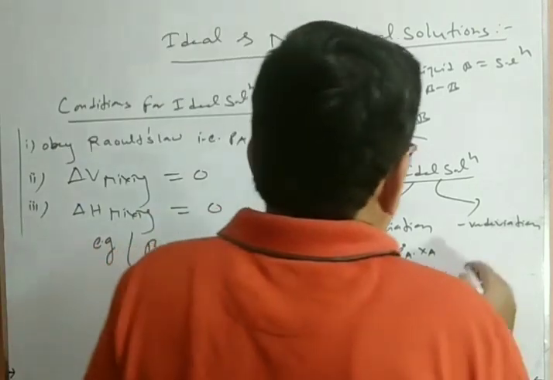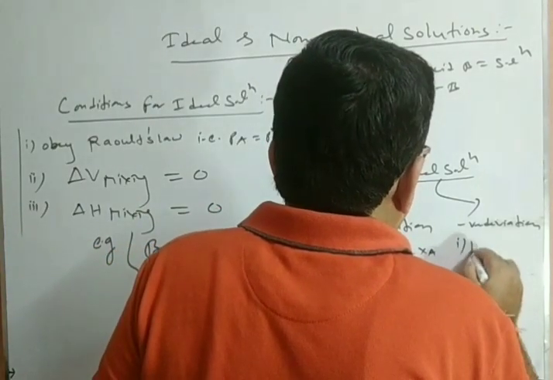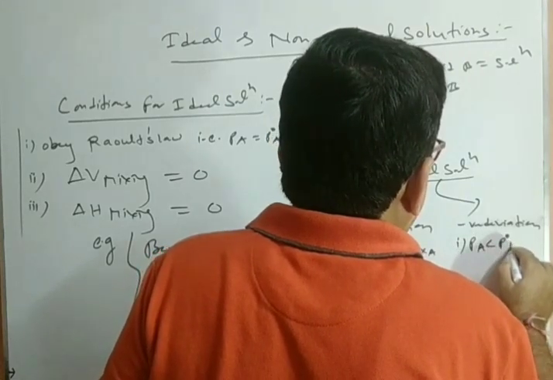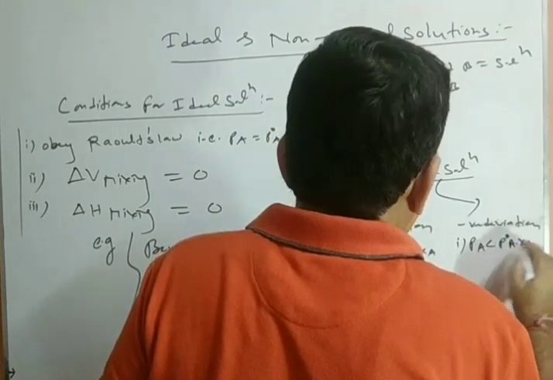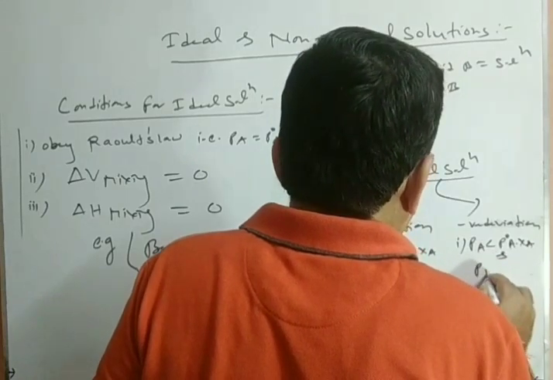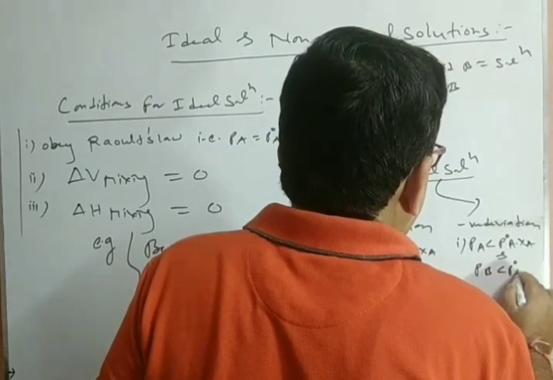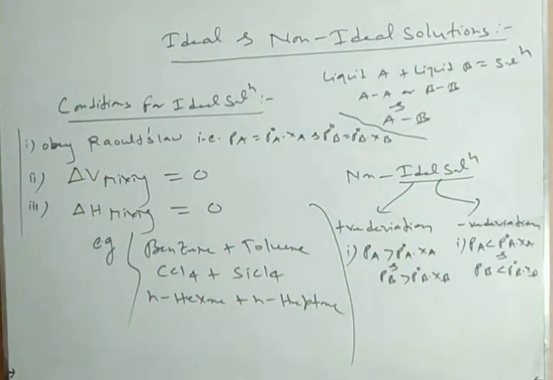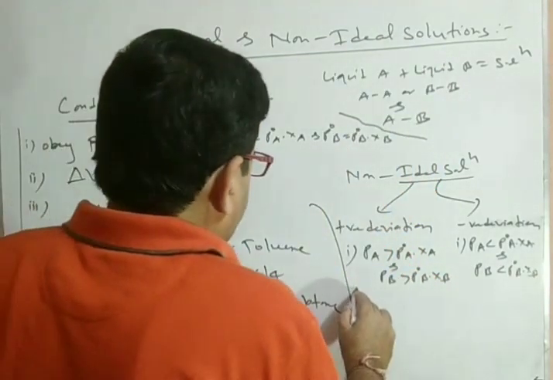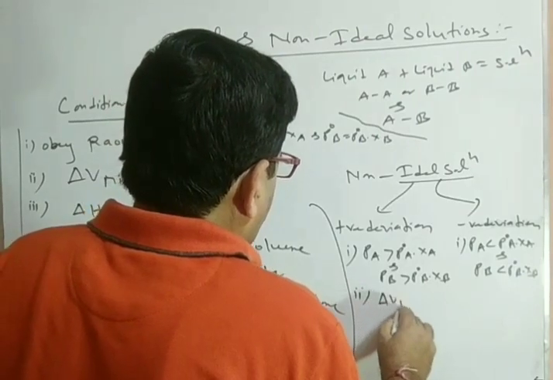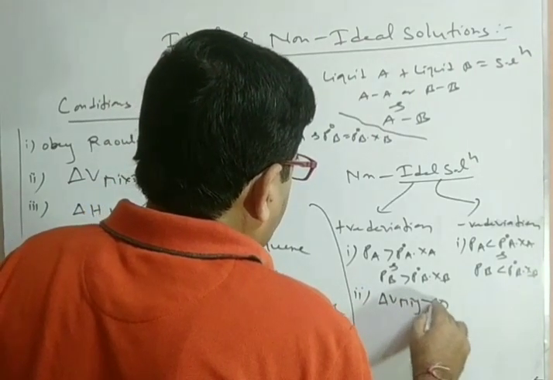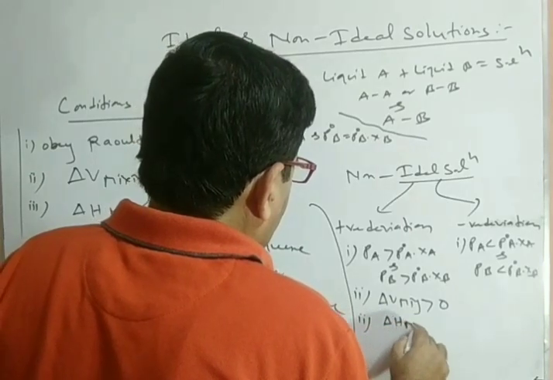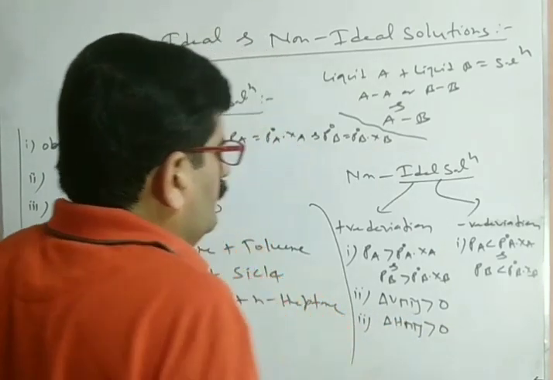And negative deviation, PA less than P naught A into XA and PB less than P naught B into XB. Second one, for positive deviation delta V mixing greater than 0 and delta H mixing greater than 0.